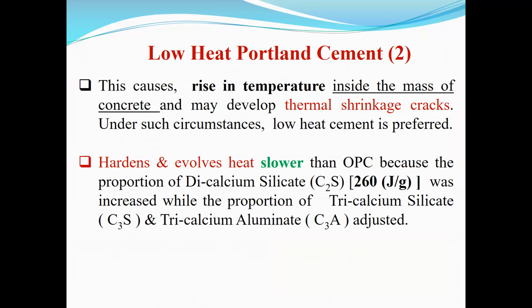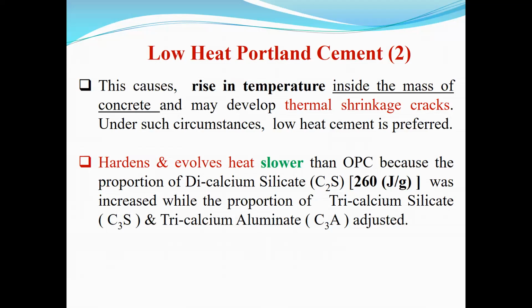This cement hardens and evolves heat slower than normal cement because of the proportion of dicalcium silicate, C2S. We have seen in the previous slide that C3S, C2S, C3A, C4AF produce heat in different measurements. Dicalcium silicate, C2S, produces the lowest amount of heat, that is 260 joule per gram.